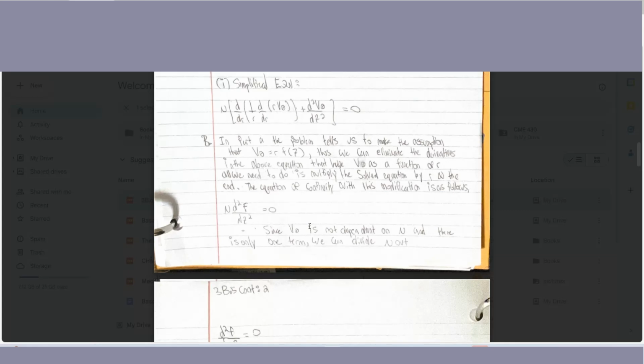Okay, so do I put that in terms of... what do I do? We can delete this, because this just says v theta is a function of z only. So we can delete this part of the equation, and we are just left with mu d squared v theta dz squared.